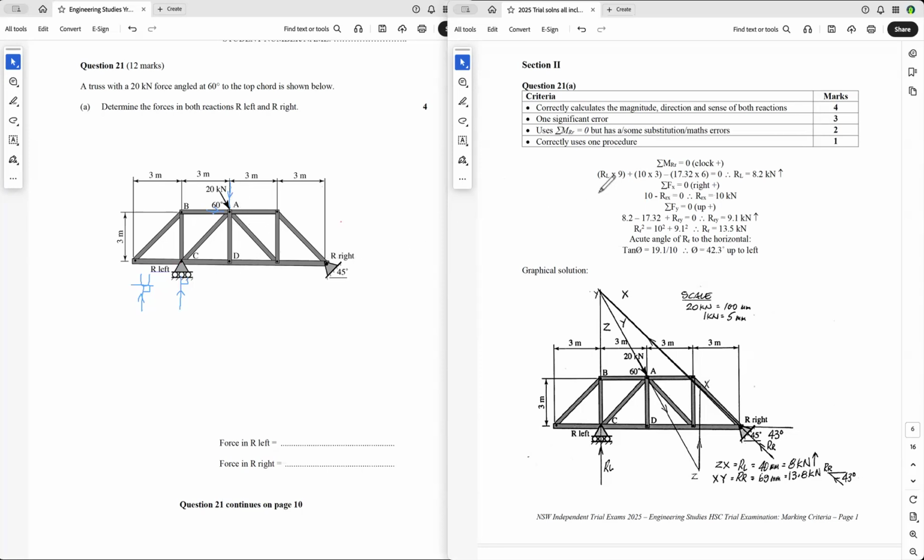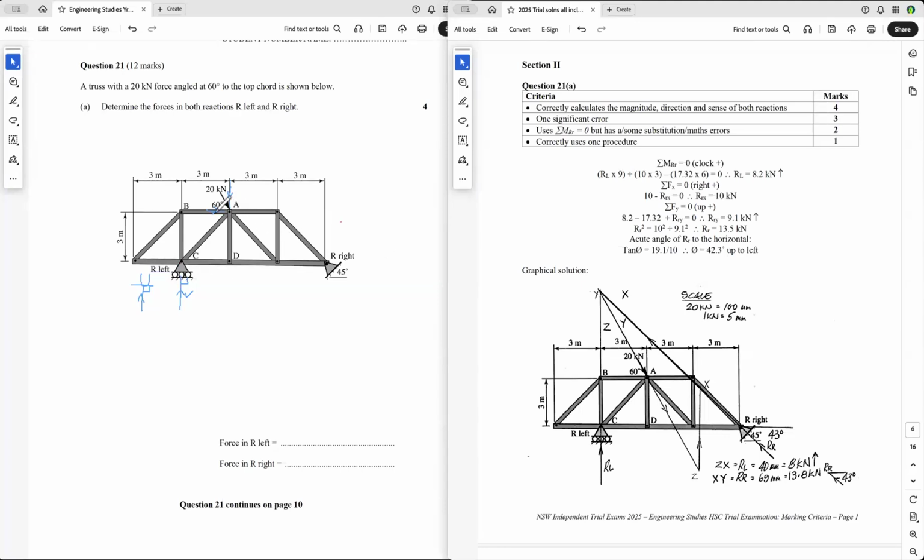So that's negative, and that equals 0. Now, when we get a positive answer here, it indicates that that direction or the sense is correct. Sometimes you might get a force going down at these reactions, but they'll still show the roller this way. So just use logic to see how it goes.